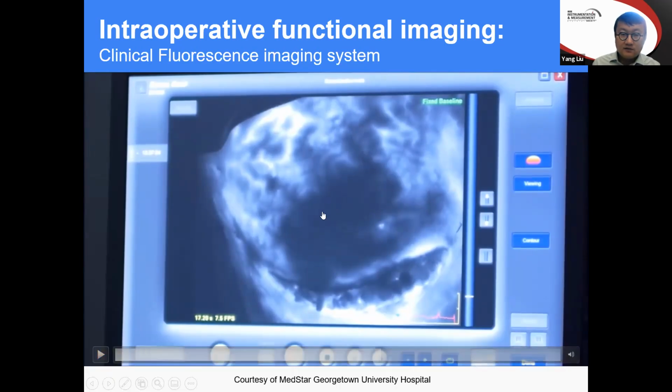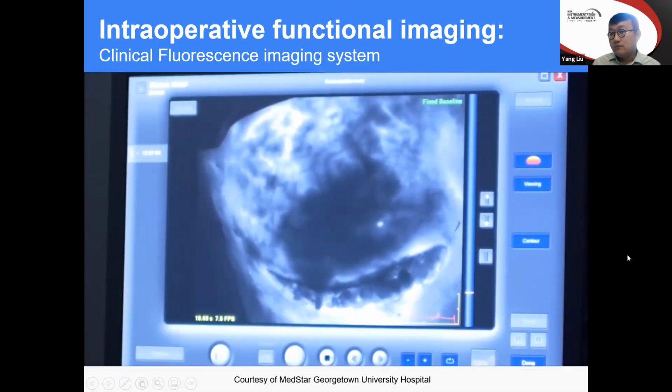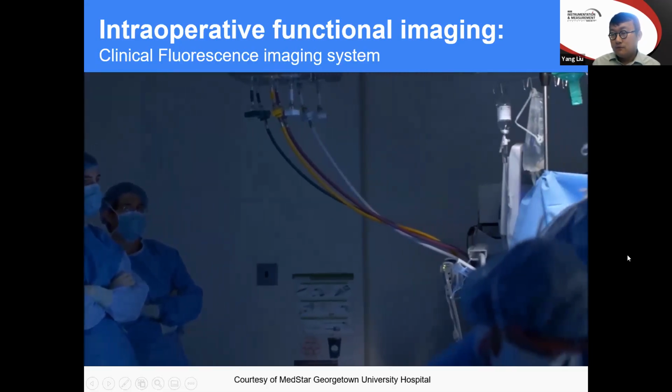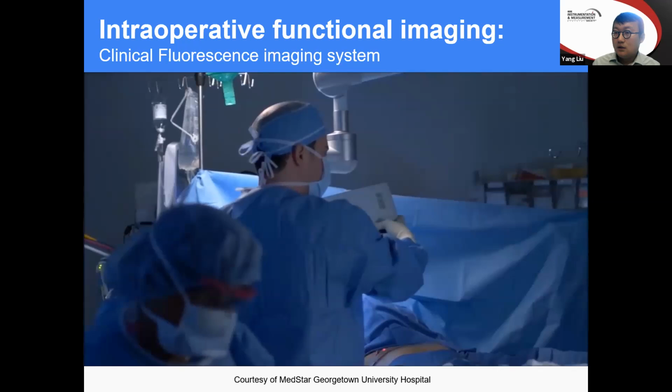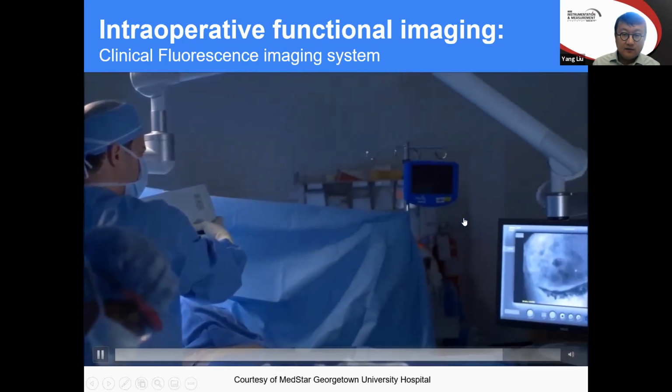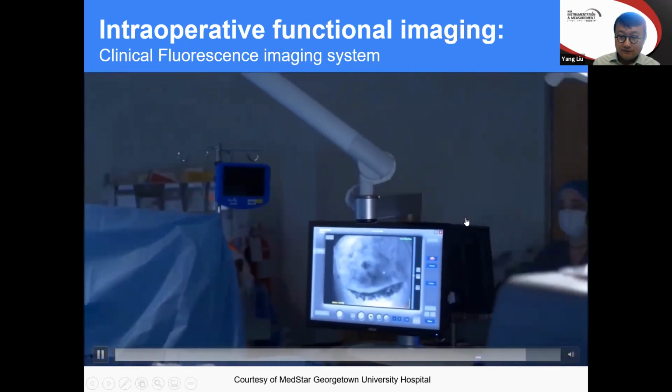In the middle, this is very dark, and the surrounding is very bright, which indicates potentially this is an area of necrosis, and the tissue is not very well perfused because the indocyanine green, the fluorophore, cannot get into those areas. And this is very helpful information for the surgeon because using that information, they can prevent tissue necrosis and prevent the chance of resurgery.